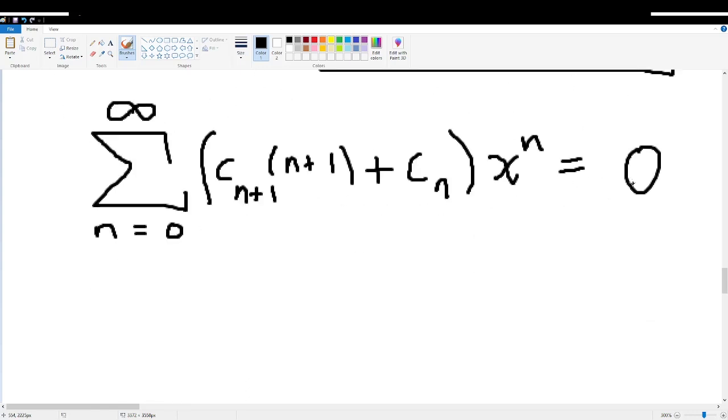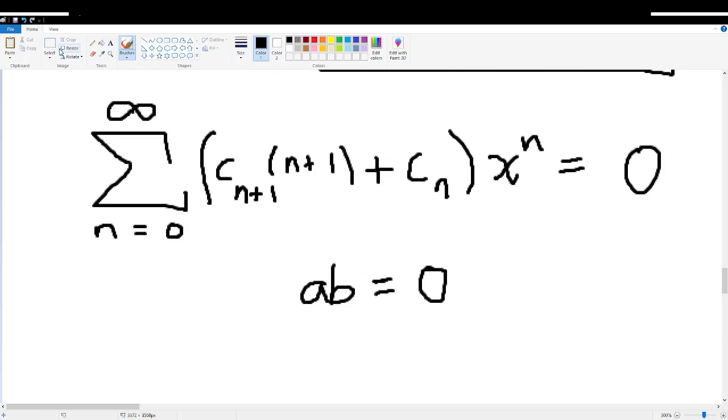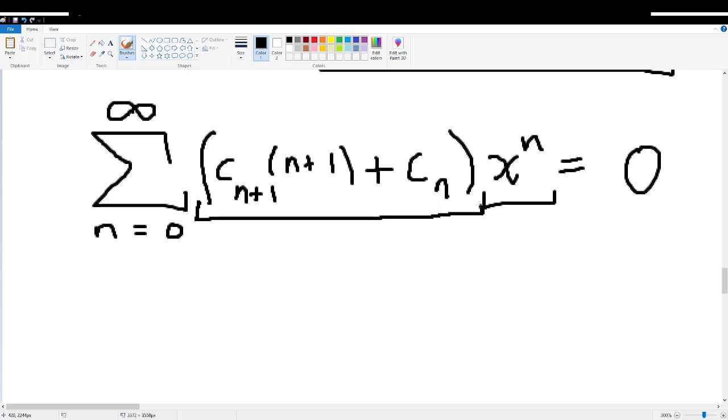So now that we have this relation, we have to also recognize the fact that in an equation, or at least with the equations we're working with, if ab equals 0, one of these is always going to have to be 0. In the same way, if the series expansion of this term is equal to 0, that means either this term is always 0 or this term is always 0. Well, we know x to the n can't always be 0.